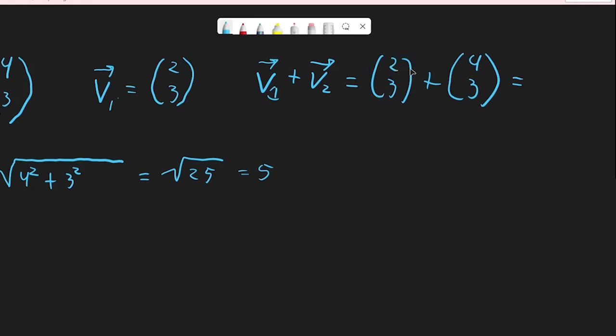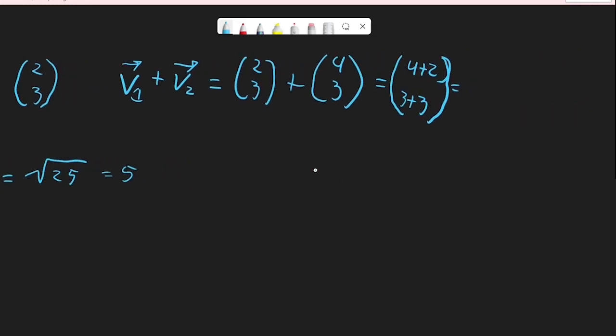So the first input plus the first input over here, second input plus the second input here. So it would be a new vector, 4 plus 2, and 3 plus 3. So it will be a new vector, which is 6 and 6.